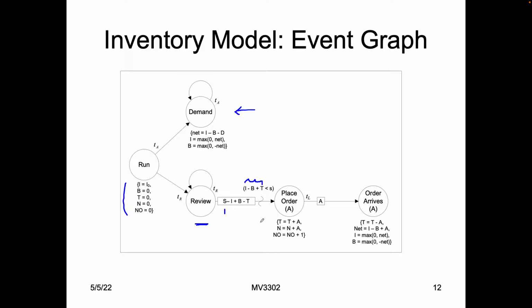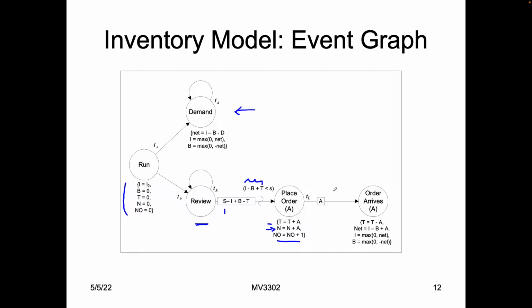What does placing the order do to the different state variables? It increases the total amount on order by the amount I'm placing the order for. It increases the total amount overall that I've ordered by that amount. And I increment by 1 the number of orders that I've placed.